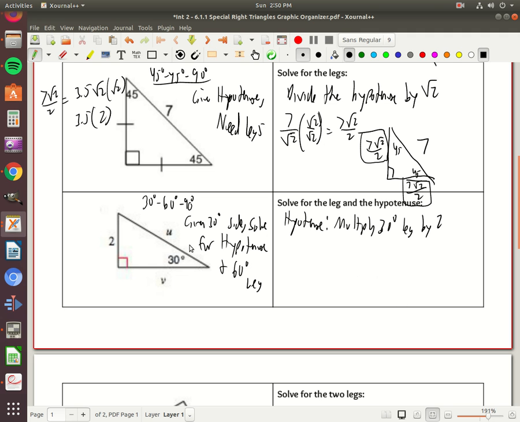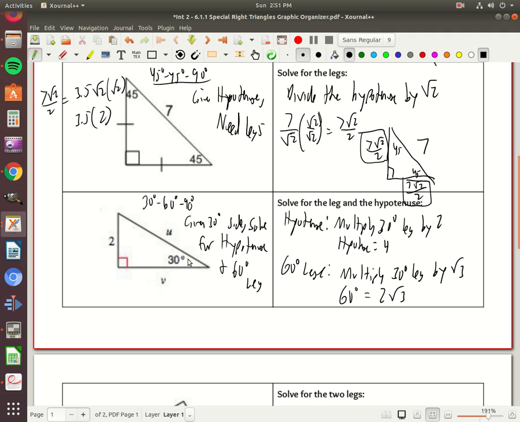In this example, we're going to get a hypotenuse of 4. To get the 60 degree leg, we're going to multiply the 30 degree leg by the square root of 3. So the 60 degree side is going to equal 2 times the square root of 3.